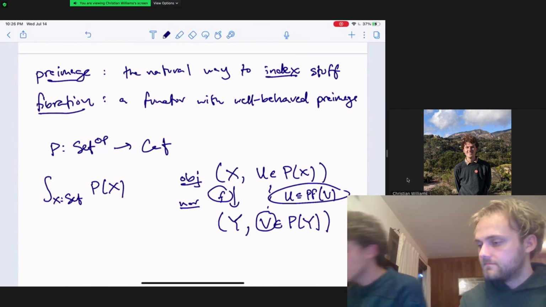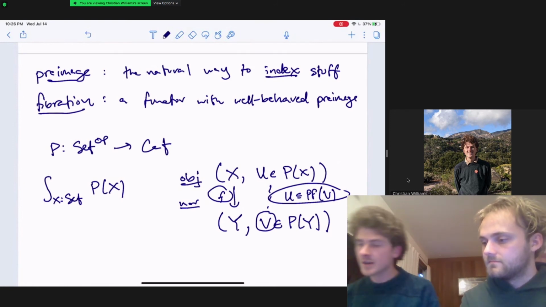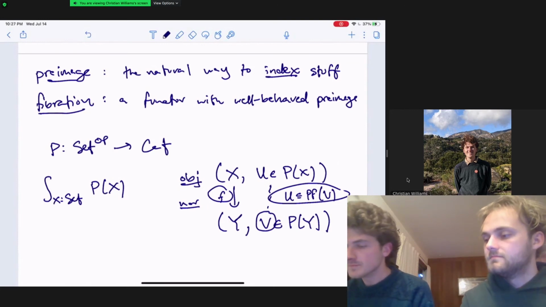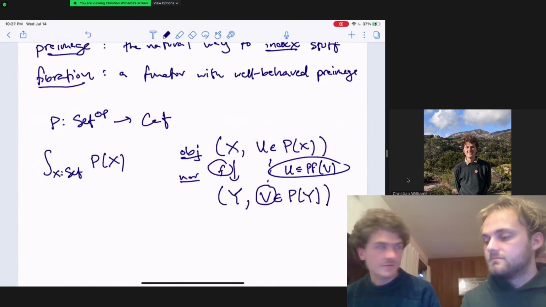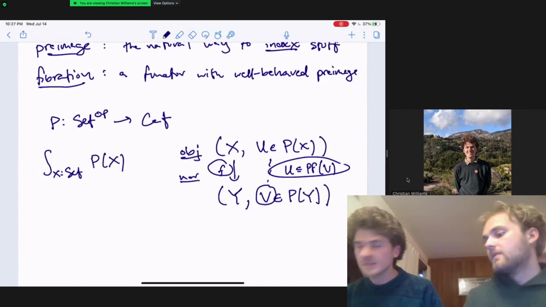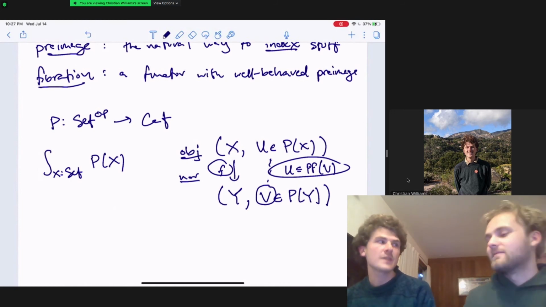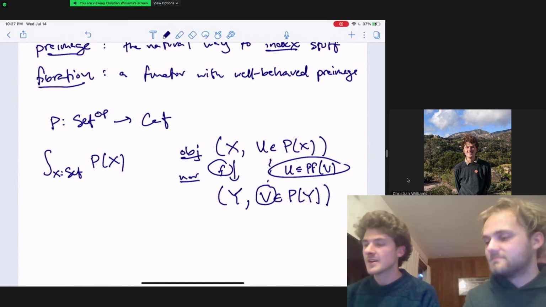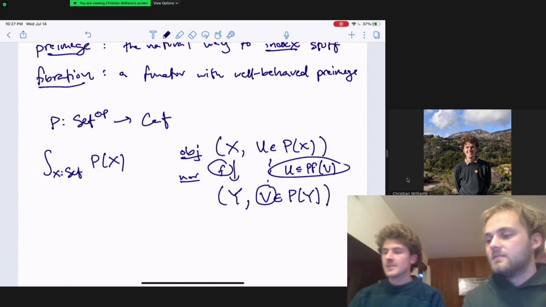And then composition you can infer. It's composition of the functions, together with: if U is contained in the preimage of V, and V is contained in the preimage of W, then yes.